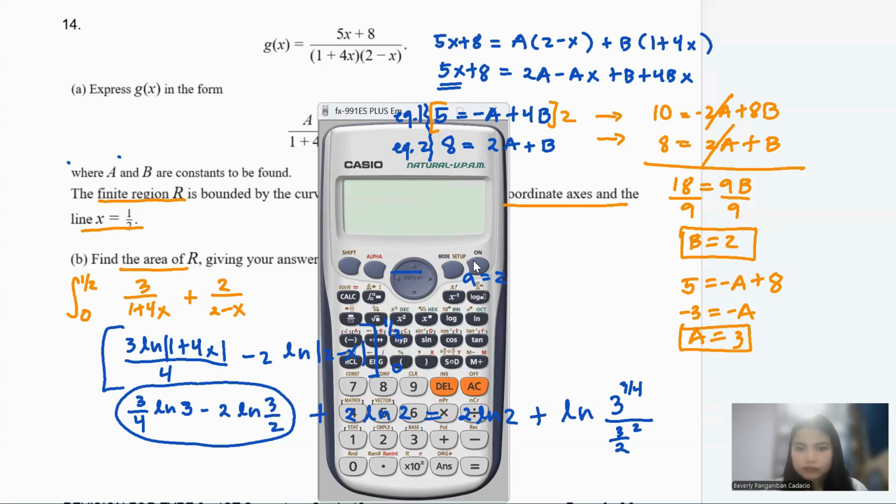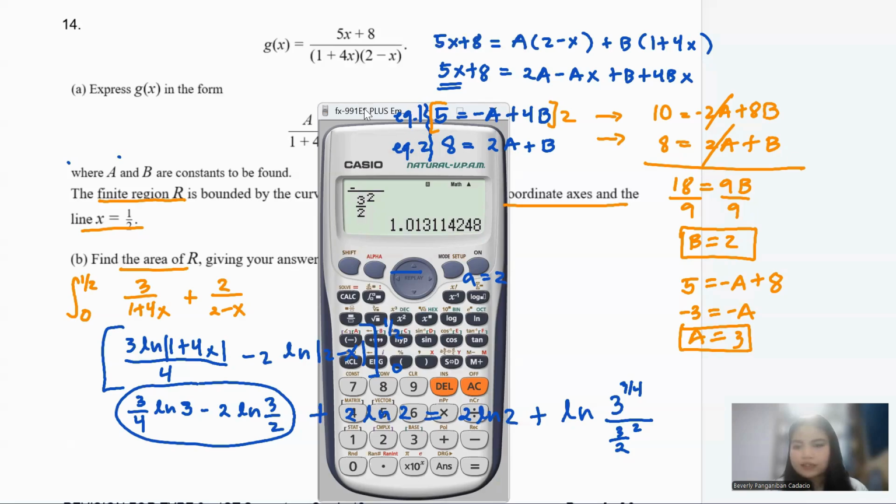So let's say I'm going to have 3 raised to 3/4, and then 3/2 raised to... oh, wait.